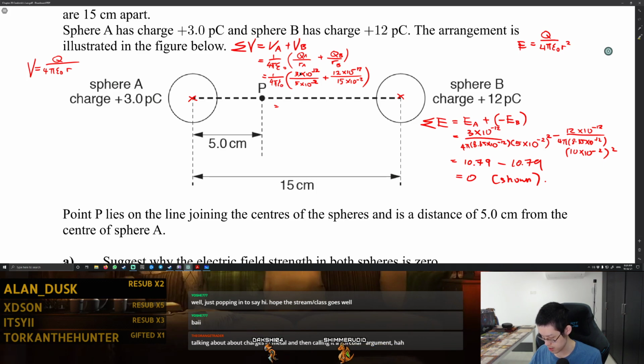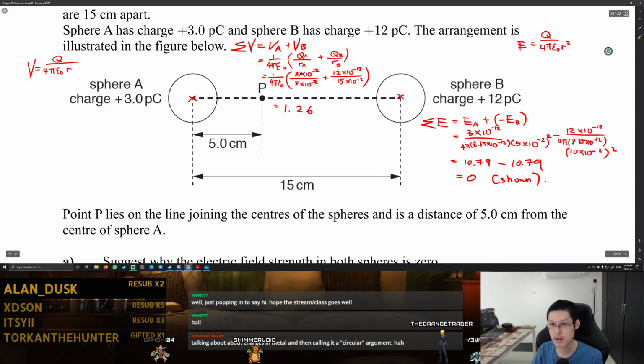Divide by pi. Divide by 8.85 times 10 to the power of negative 12. We should get about 1.26 volts. And done.